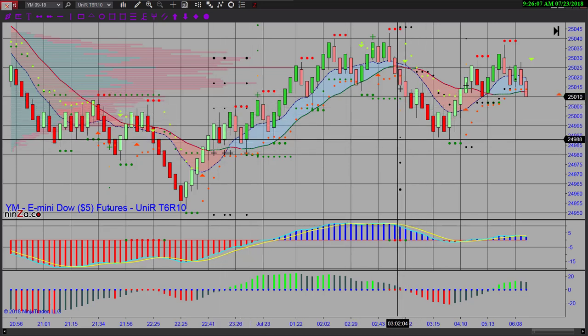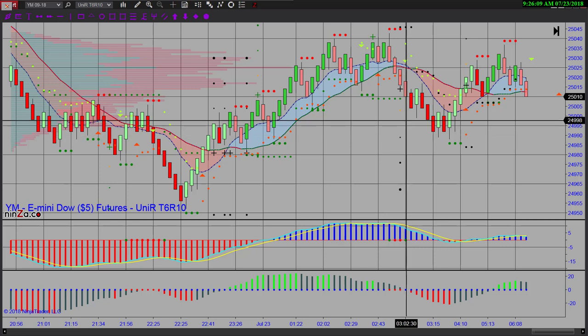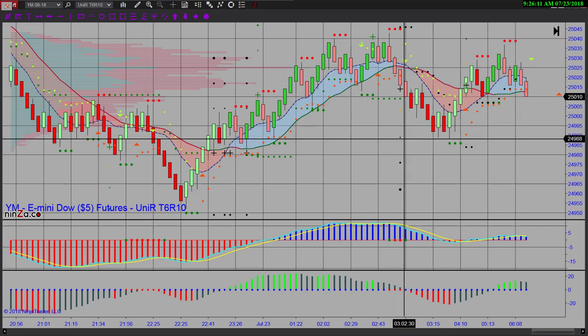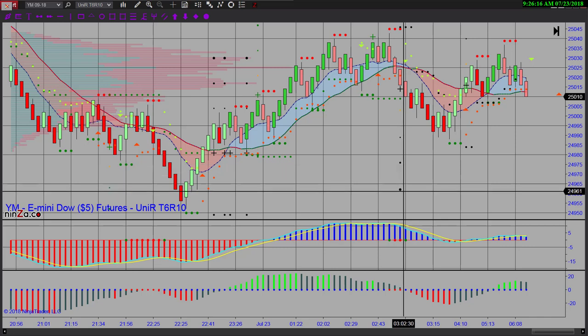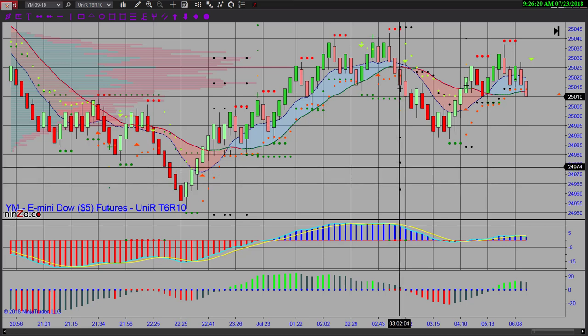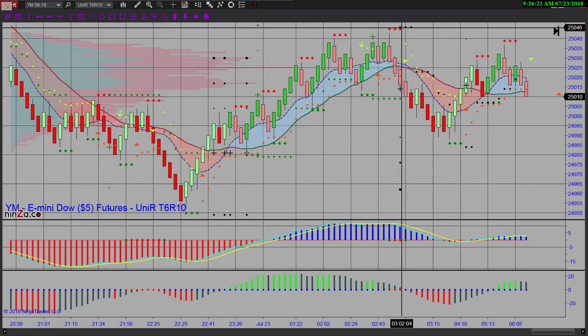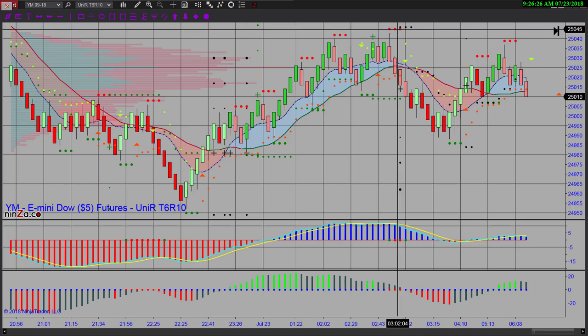And the little dots here, the small black dot is target number 1, the medium-sized dot is target number 2, and the larger size dot is target number 3. The black dots up here represent the stop, and the stop is usually above the prior swing level, as you can see with the three red dots.